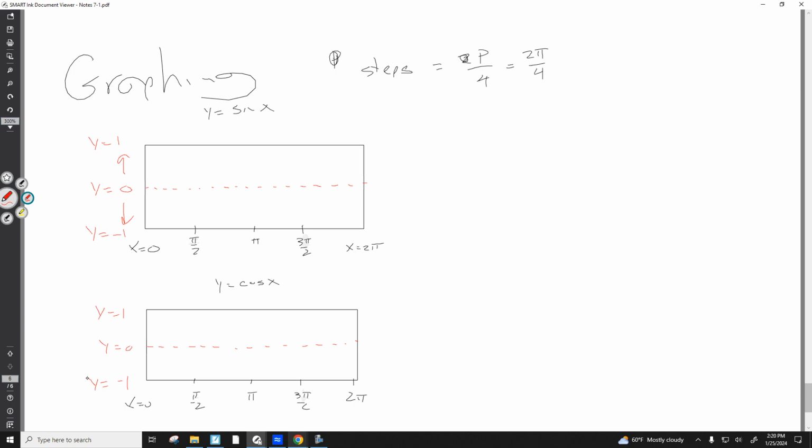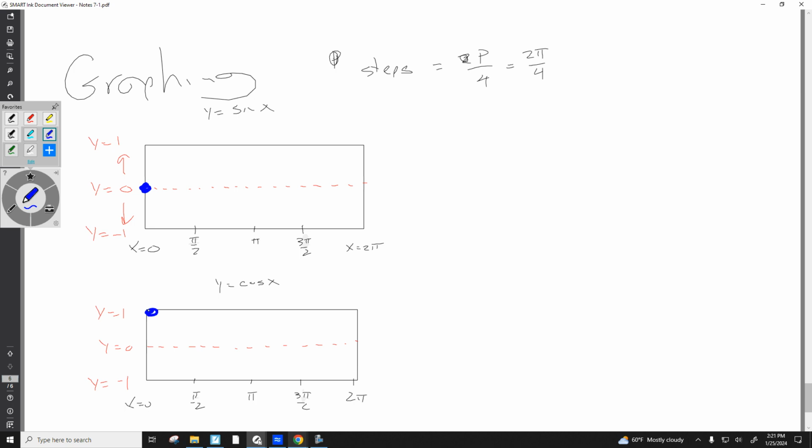Plot your first point, please, for both of them. Or think to yourself, when x is 0, the sine of 0 is this, I know this. When x is 0, the cosine of 0 is this, I know this. What is the sine of 0? What is the cosine of 0? The sine of 0 is 0. The cosine of 0 is 1.